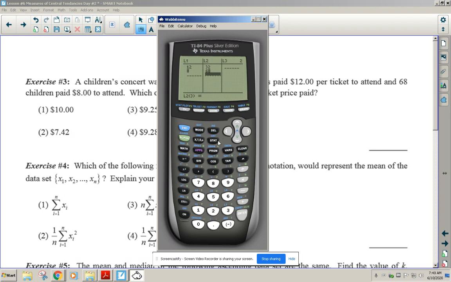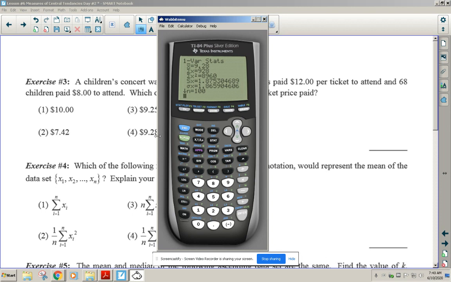But if you do this and then you hit stat, enter, and again, number 1, just don't forget that you have a frequency of L2. And so there's the 100 people. And the average ticket price was $9.28, choice 4.